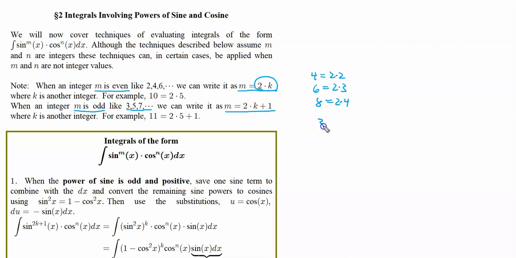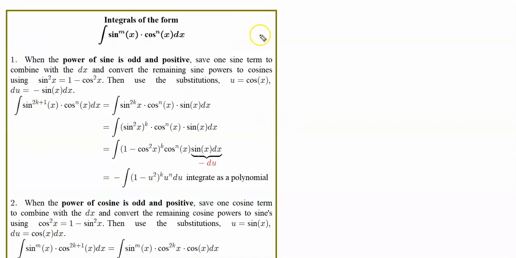For example, 3 is 2 times 1 plus 1. 5 is 2 times 2 plus 1. 7 is 2 times 3 plus 1, and so on. Okay? So keep that in mind when we're doing these problems. Even integers take that form. Odd integers will take this form.